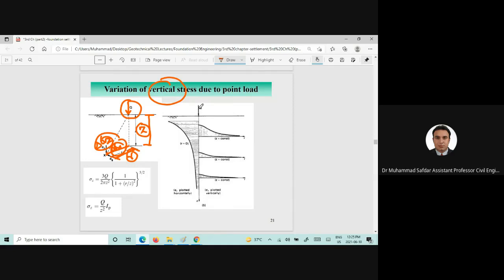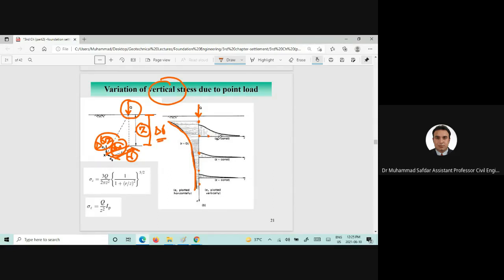Now, if we see here, and if R is constant, which means we are going deeper, the stress increase delta sigma will decrease as we go beneath the foundation.